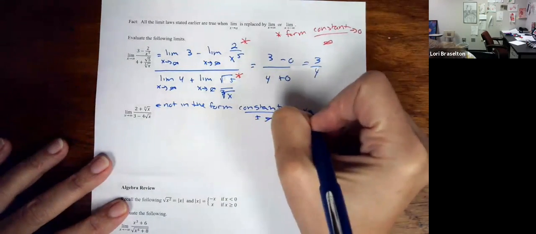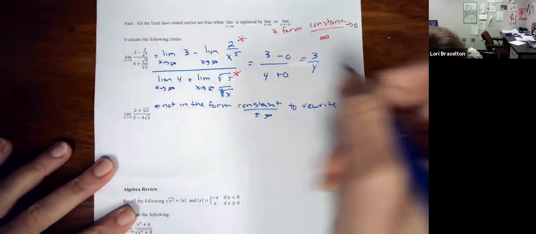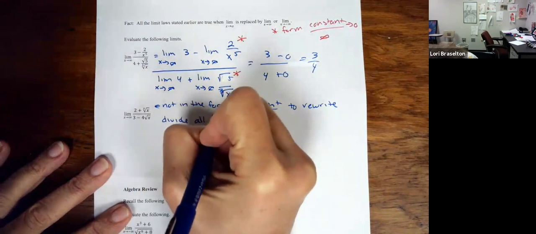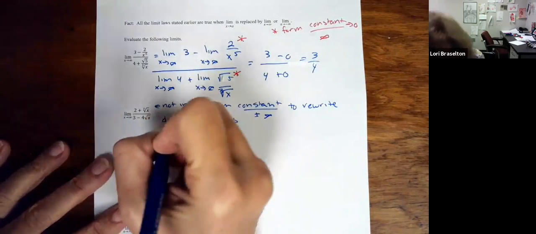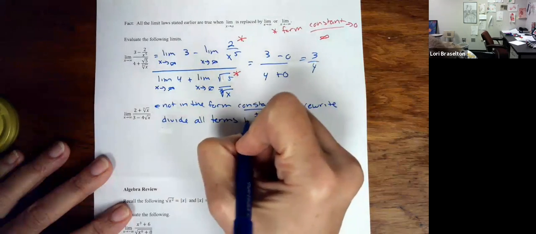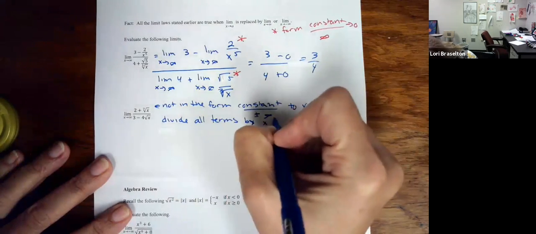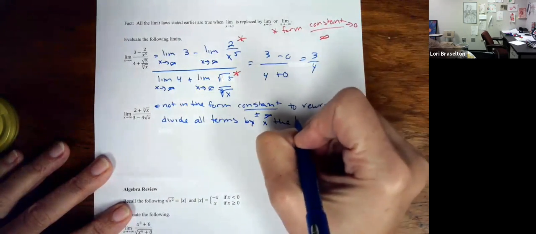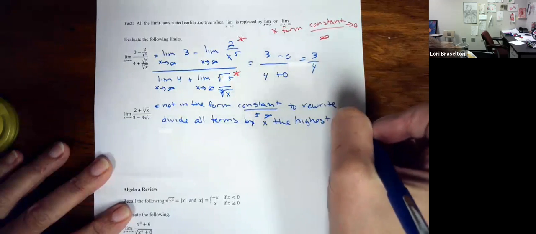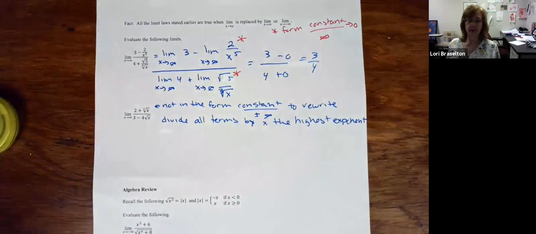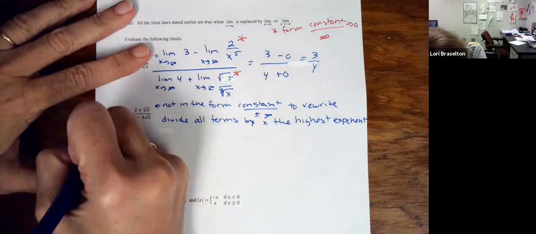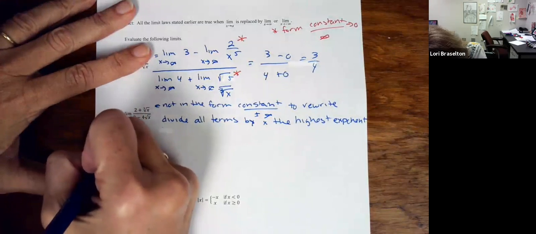So to rewrite, we will divide all terms by x to the highest exponent. Just barely got it on the screen there. So let's rewrite this a little bit. I'm going to try to write small so I can get it all in here.